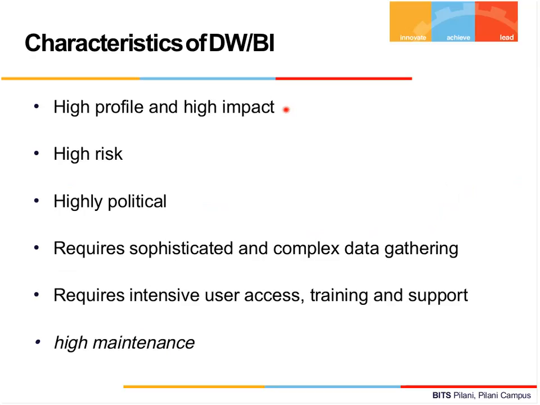They will be getting flash charts and different alerts from the data warehouse directly onto their mobile devices. So it's very high profile. That means high profile people will be looking at your data.